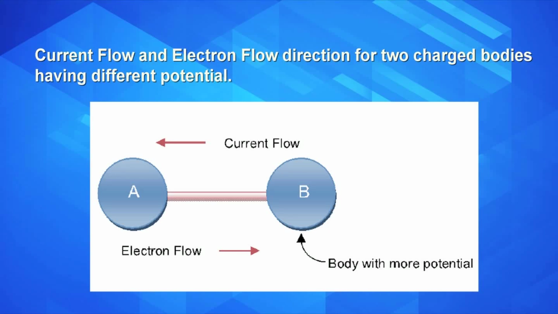That is, the free electrons from A will rush towards B. It means that a current flow will occur between these two bodies whose direction is opposite to that of the electron flow. This current will remain till the potential of these two bodies becomes equivalent.